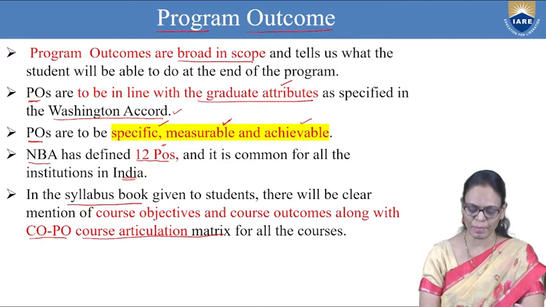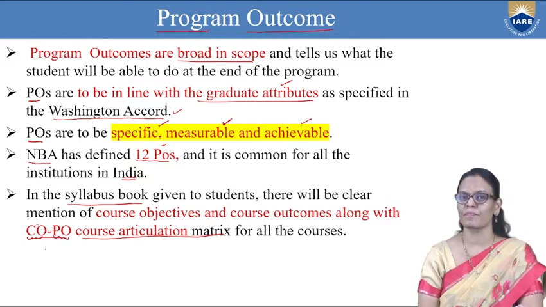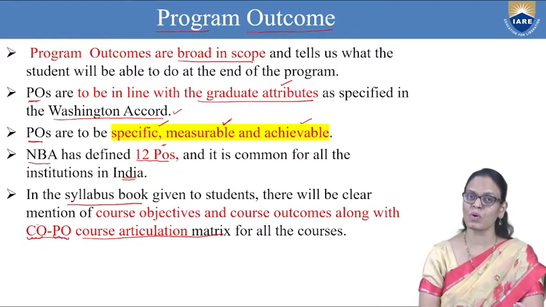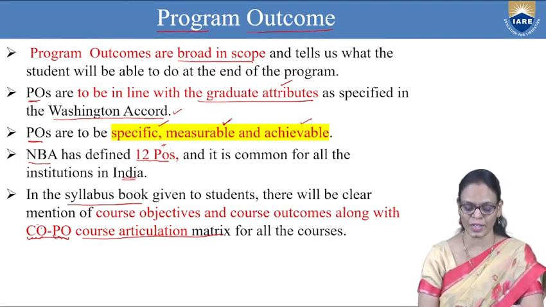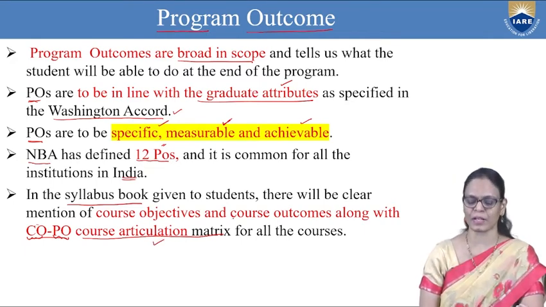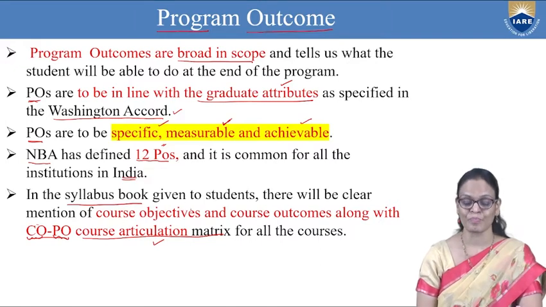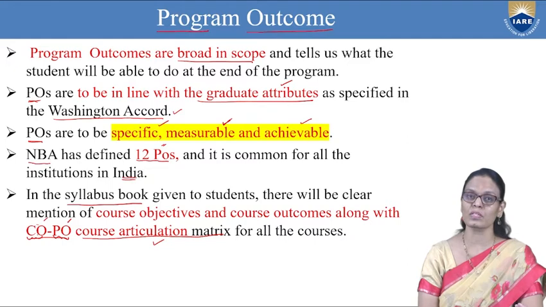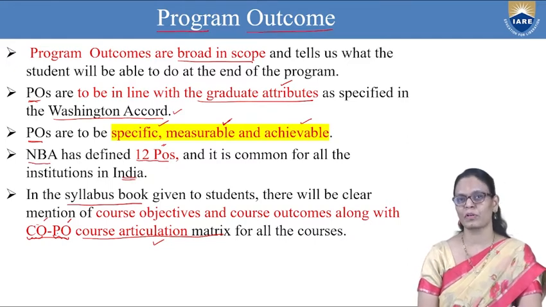When I'm talking about a course, this course is in a particular program. So how is this course helping us to achieve the program outcomes? How are they aligned? What is the relationship between them? That is given by the course articulation matrix. This matrix helps us in mapping the COs with the POs, the course outcomes with the program outcomes.